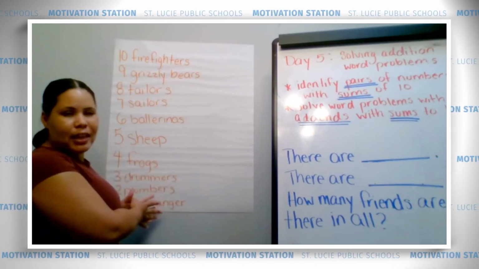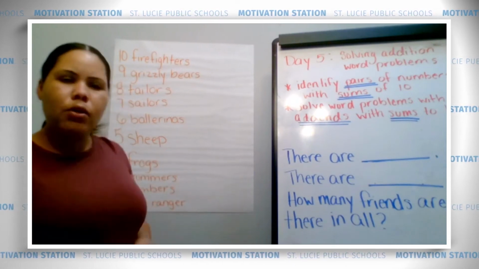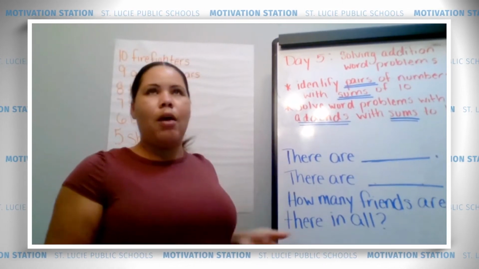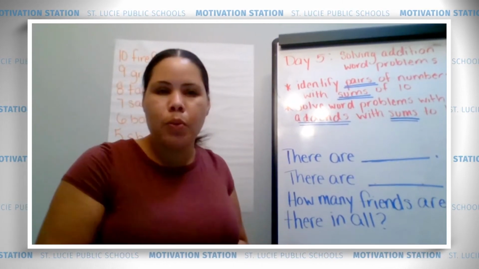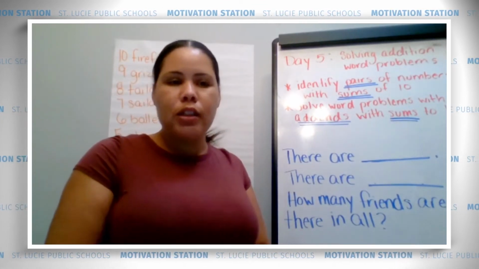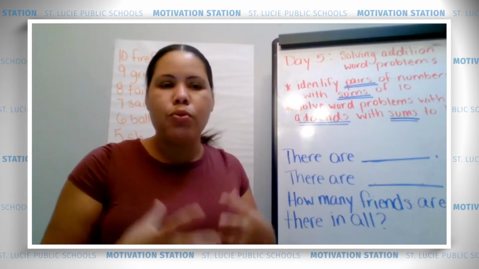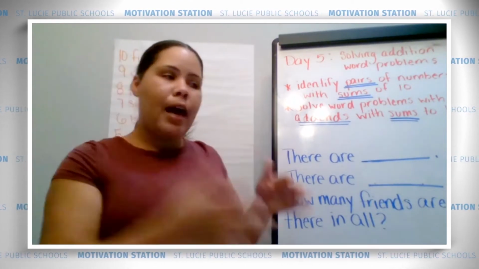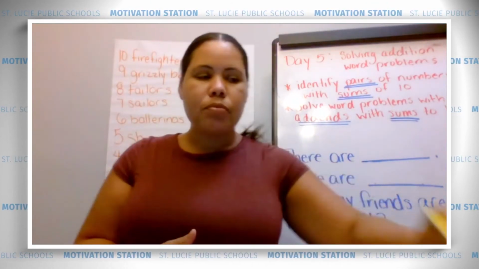We're using that same list of characters, but we are going to start to plug them into a word problem. Now, when you think of word problems, we think of reading. But the easiest way to think about word problems is to visualize. Visualize means we're seeing what's happening in the problem.